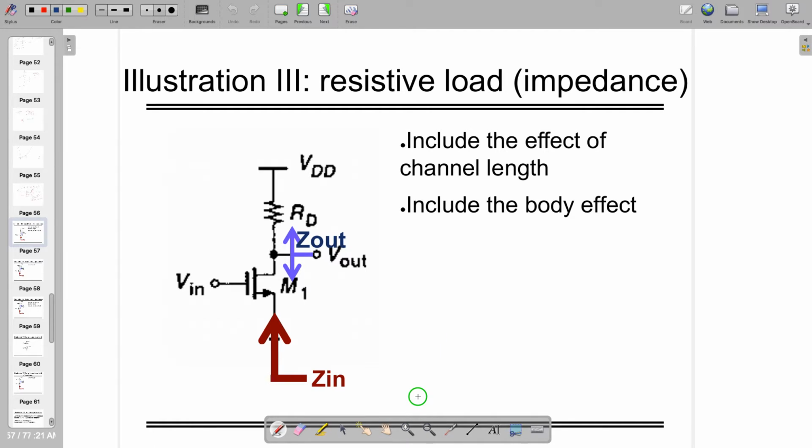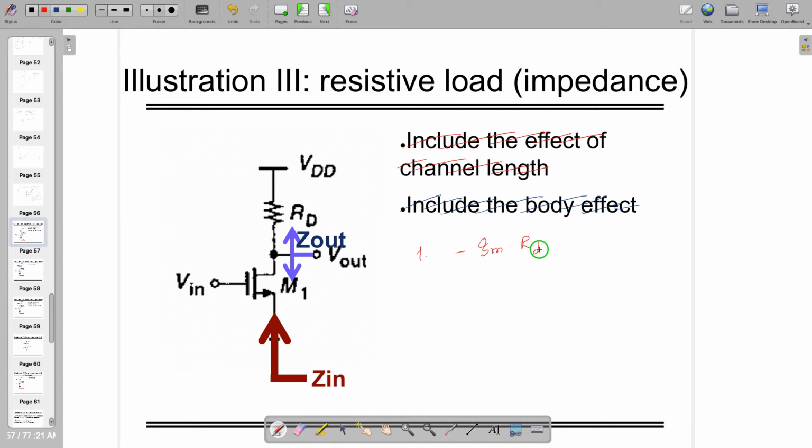So very quickly give the answer. What is the gain of this circuit when there is the effect of channel length modulation? Okay, let's start from here. If there is no channel length modulation effect, then what is the gain? Minus GM times RD.